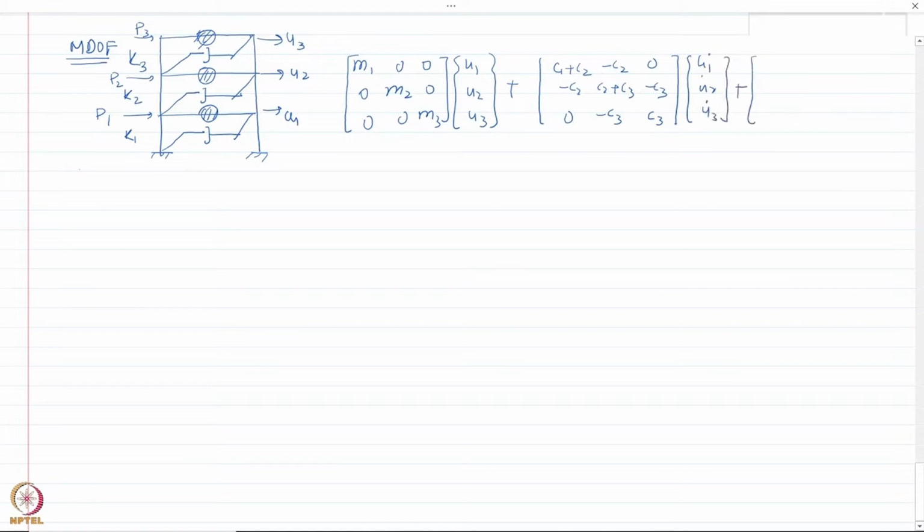And then we had the stiffness terms which took the same form as the damping terms.